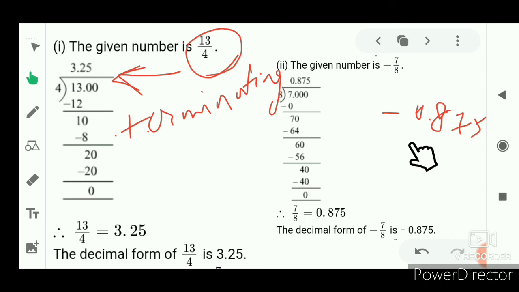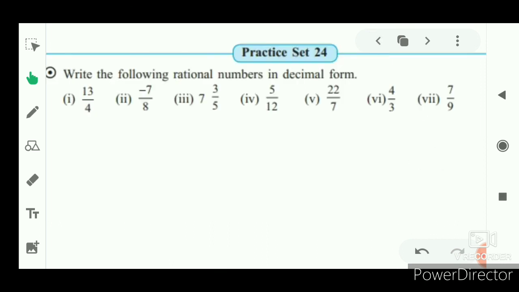The remaining questions, that is 7 3 by 5, question number 4, 5, 6, 7, are homework for you.